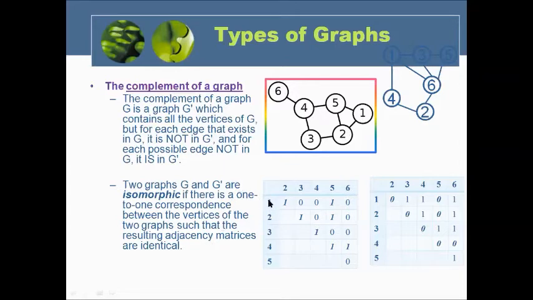So this is row 1, column 2. 1 and 2, you will get 1. 1 and 3, 0. 1 and 4, 0. 1 and 5, since there is a connection, you will get 1. And then 1 and 6 is 0. What about 2, 3? So 2, 3 is 1. 2 is to 4, 0. 2 is to 5, 1. 2 is to 6 is what? So 2 is to 6, you will get 0.